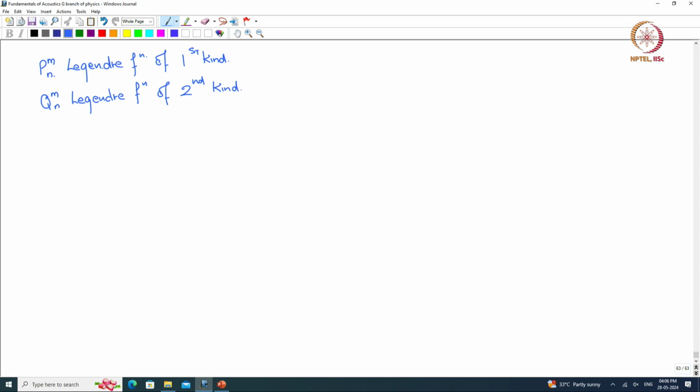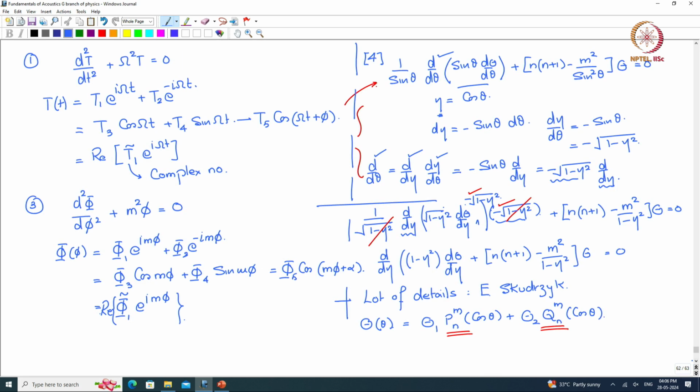Okay. Now you can see that theta is the polar angle, it is going from 0 to pi all the way. And so cos theta goes from plus 1 to minus 1. Okay.